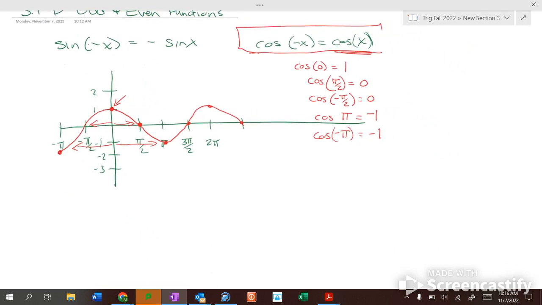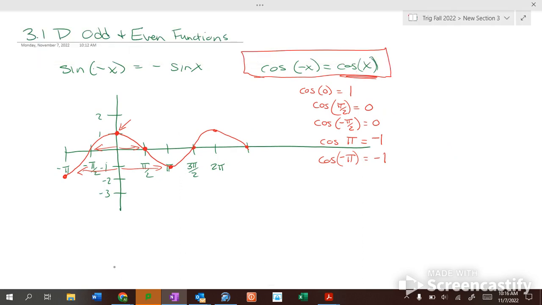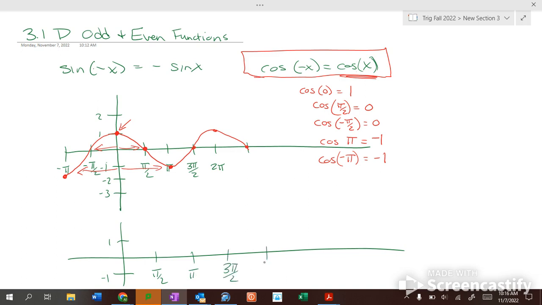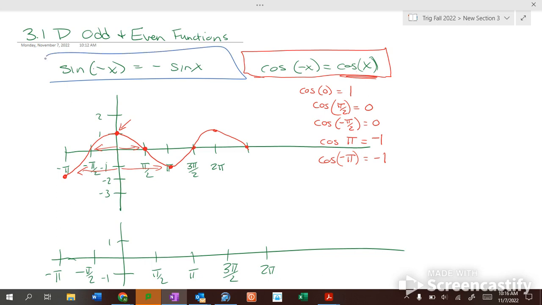Okay? Knowing that, let's look at the sine one. All right, the sine curve starts out at 0, 0.